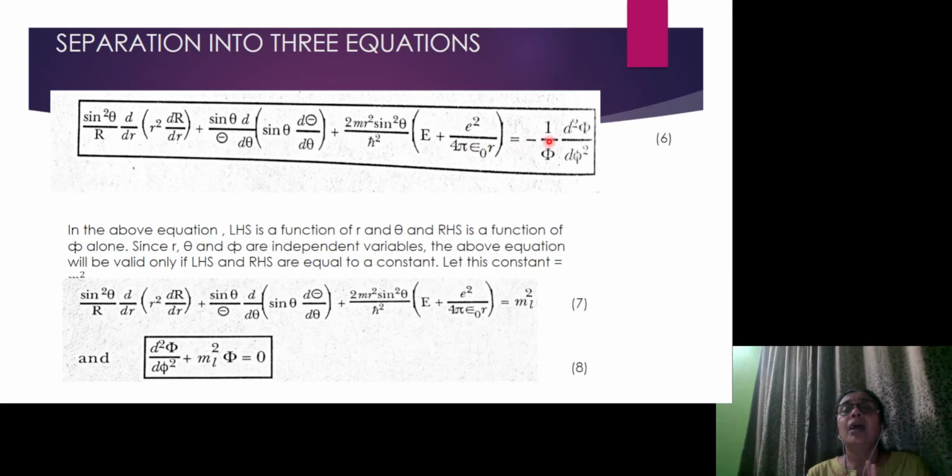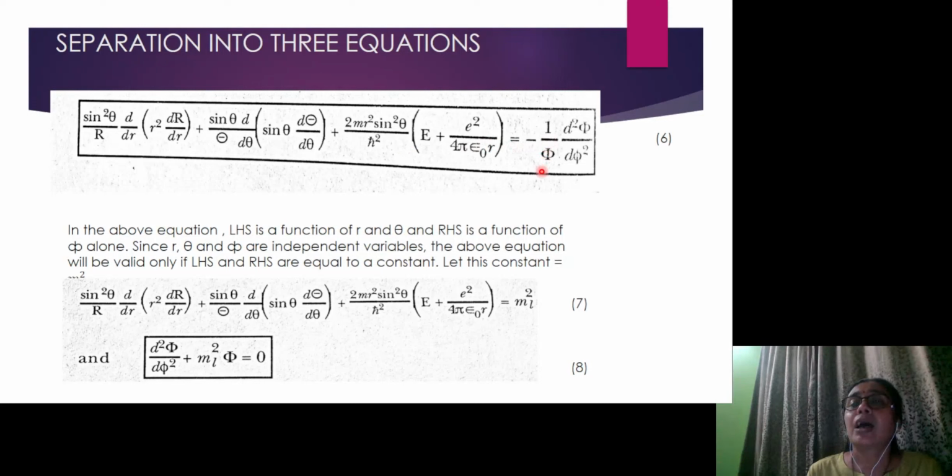Please remember, LHS is equal to RHS, but RHS contains only phi, whereas LHS has terms containing r as well as theta. This can happen only if both the terms are separately equal to a constant. Let this constant be denoted by ml square.